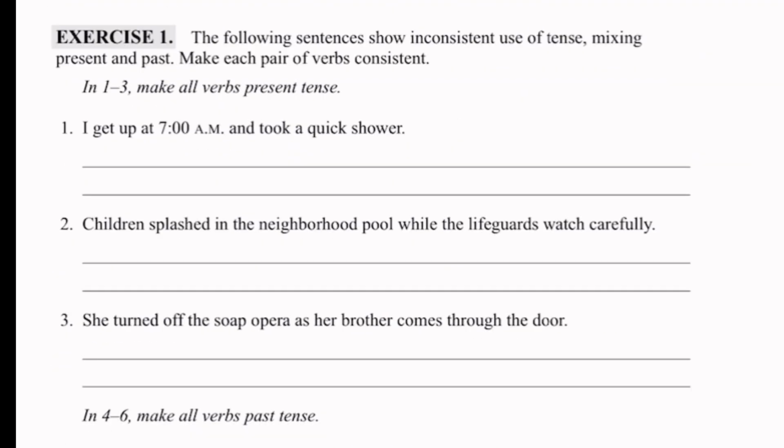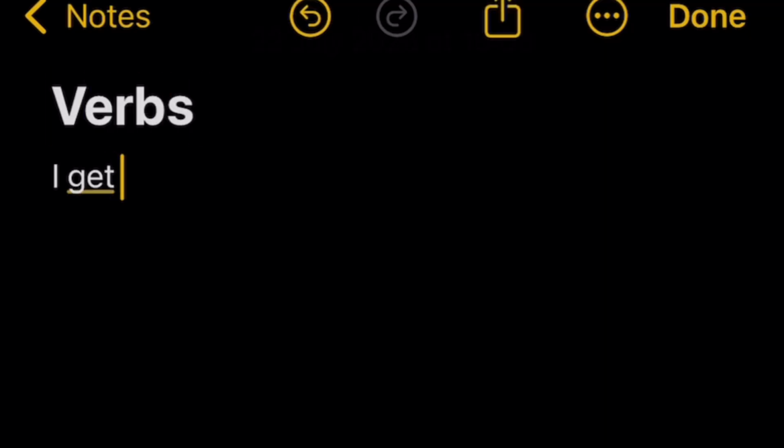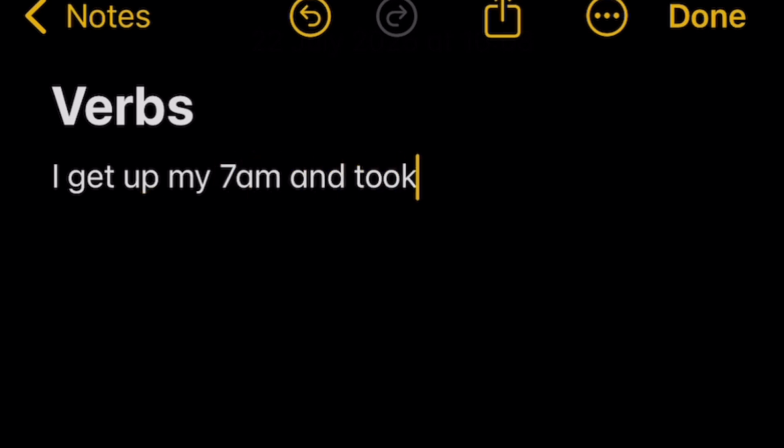Now, let's look at one or two sentences here. They said in number 1 to 3, make all the verbs present tense. I get up at 7 a.m. and took a quick shower. Present tense will be what?